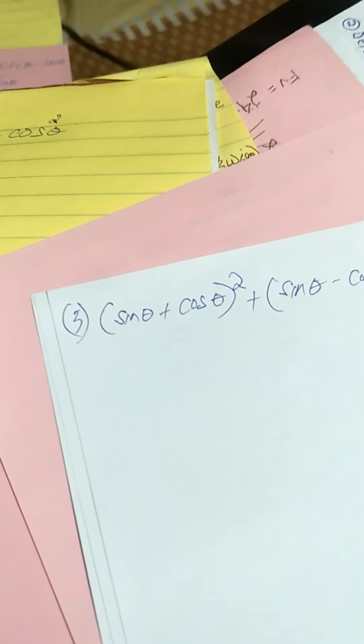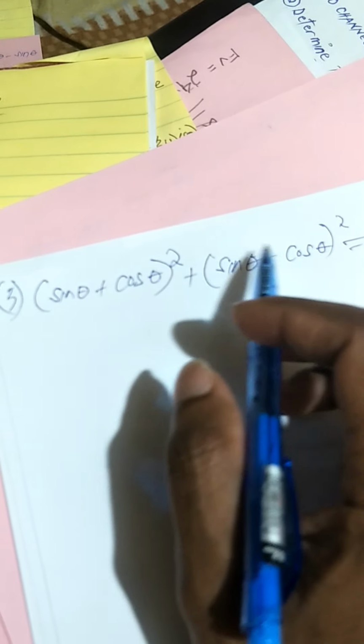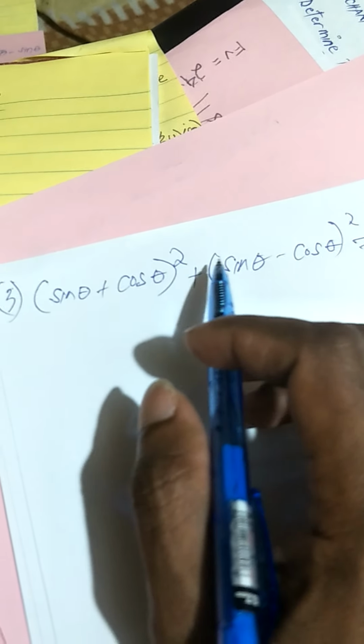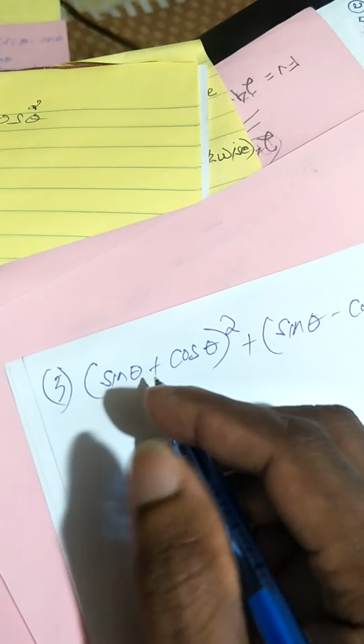So guys, as I said already, this is the difference of two squares. Okay, so if I'm going to simplify this down, I need to expand the brackets. In order to expand the whole thing here, it might take a long process.